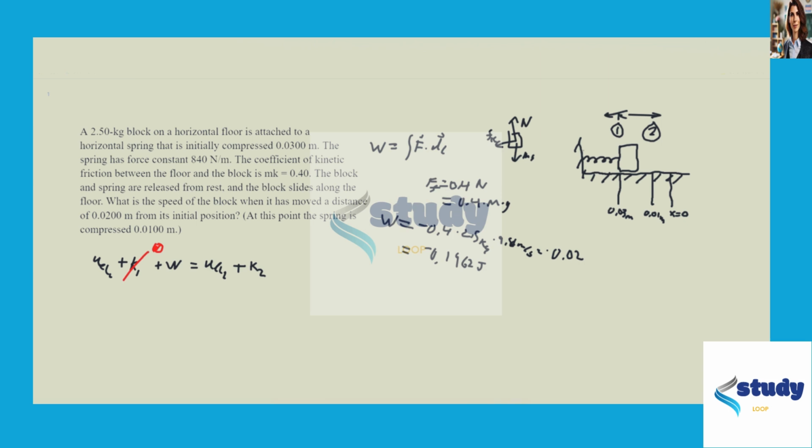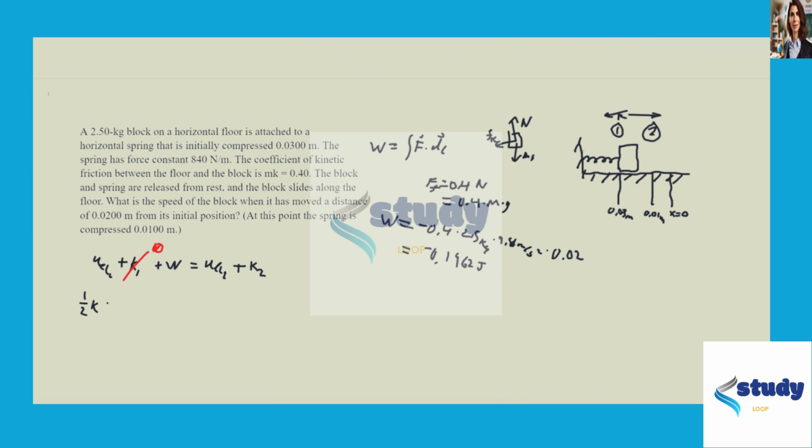What else can we figure out in this equation? We have the potential energies of the spring. We know K and we know the distances. So we have 1/2 K, I'll leave K as K, but you can plug it in for your calculations.